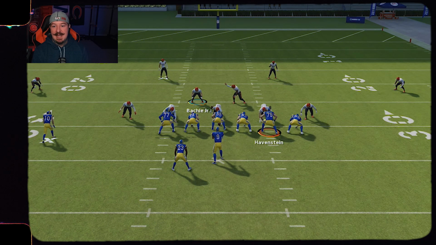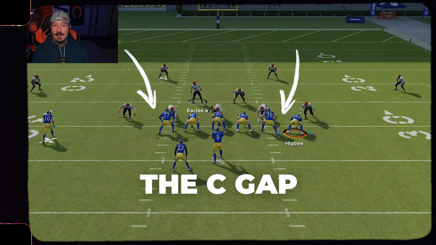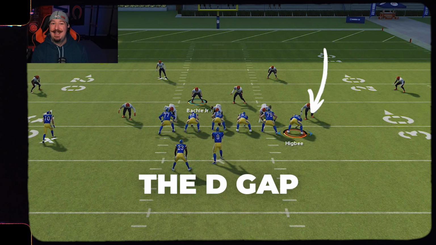And then the next gap over is the space between a tackle and a tight end. If there is a tight end on that side of the formation, that is known as the C gap. Now, if there is a second tight end in your formation, there remains potential for there to be a D gap, although these are a little bit less common.